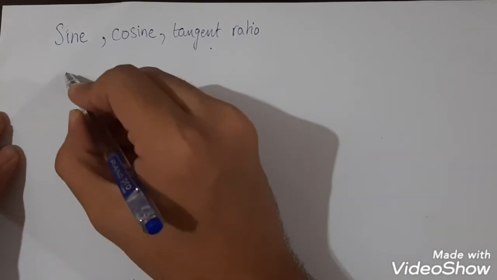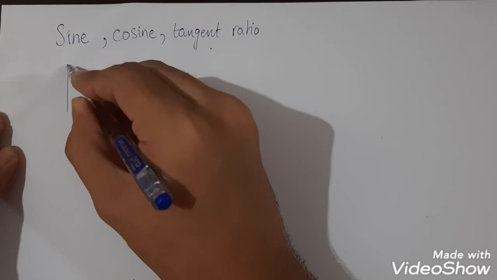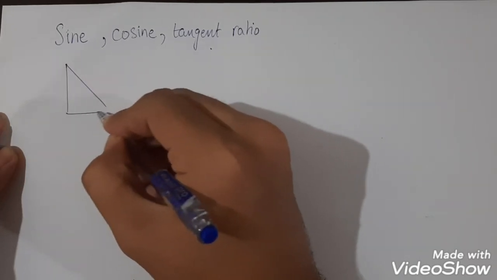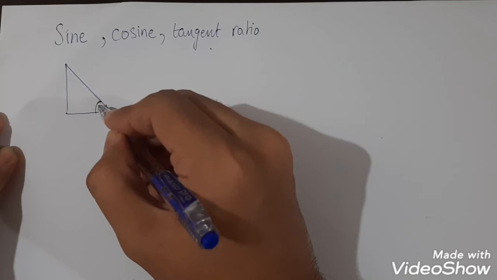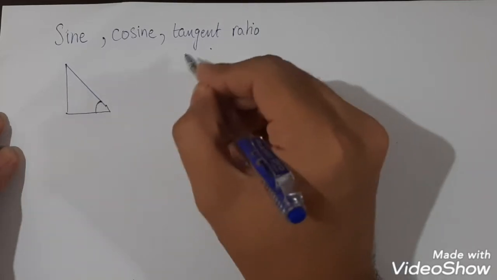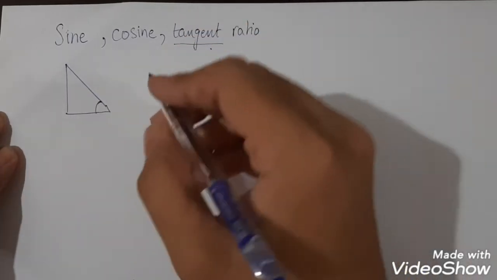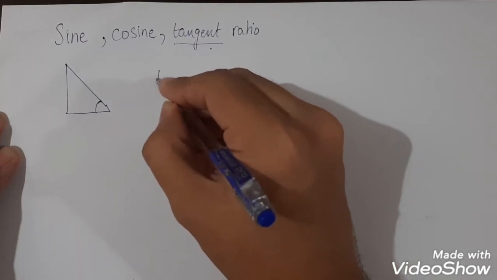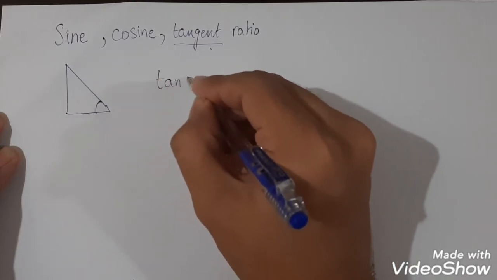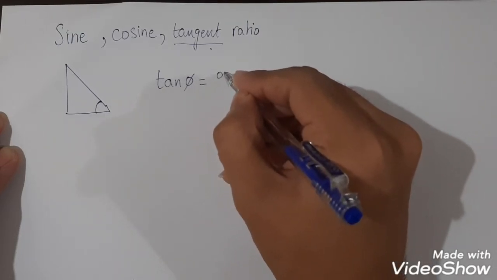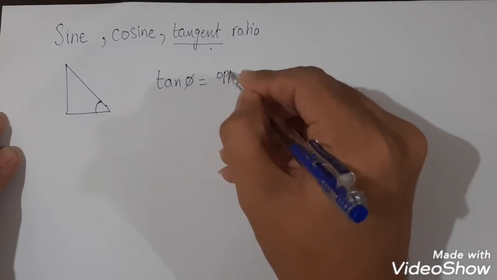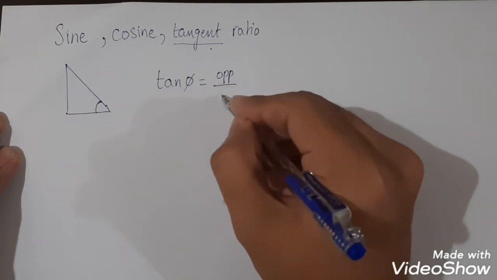So for example, if I draw a triangle over here, we have to calculate this angle. So in this case we will use tangent ratio, because the formula of tangent is tan theta is equal to opposite divided by adjacent.